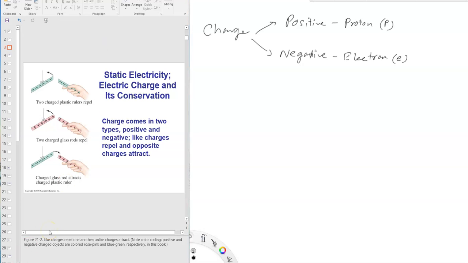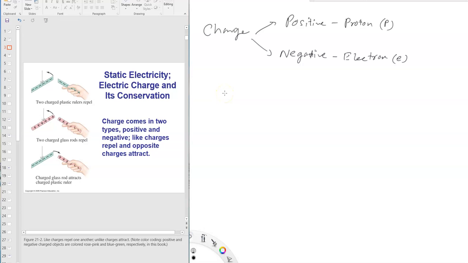Here we're going to talk about another property of the charge. The slide says charge comes in two types, positive and negative, and like charges repel and opposite charges attract. What does that mean? In the diagram you see two plastic rulers.